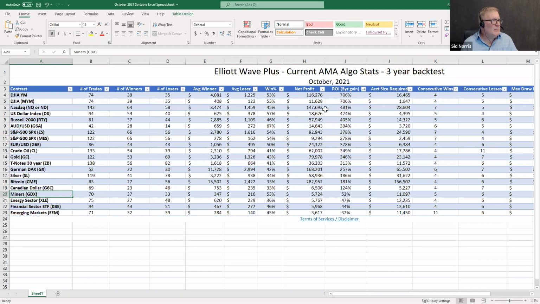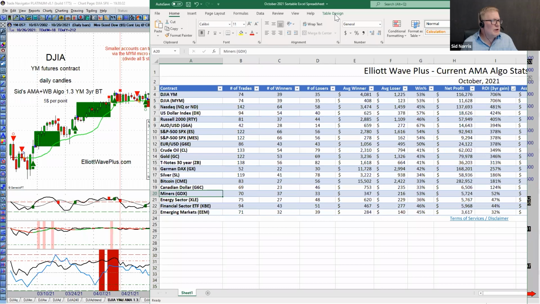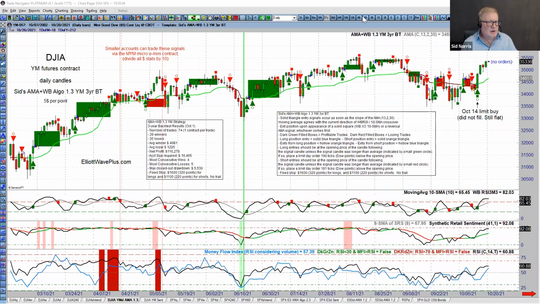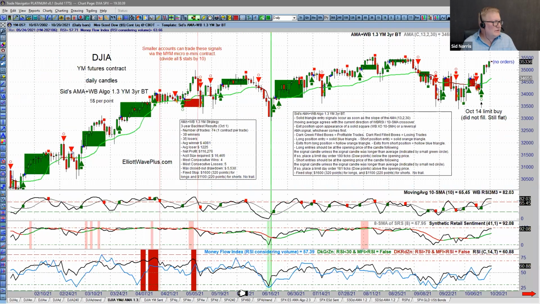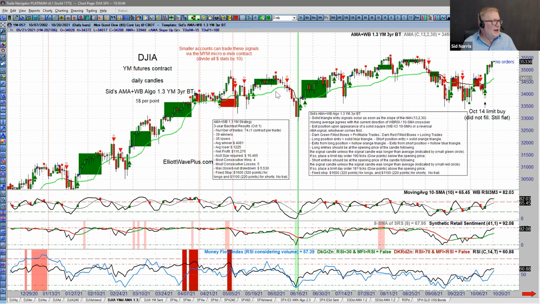So the way the market works is it trends, and then it consolidates, and then it trends, and then it consolidates. Sometimes it reverses and trends to the downside. Now, we're not seeing much of that in the Dow here. This chart is showing back pretty much to the beginning of 2021.